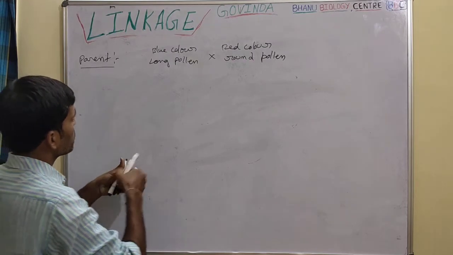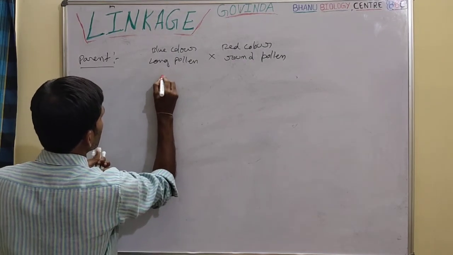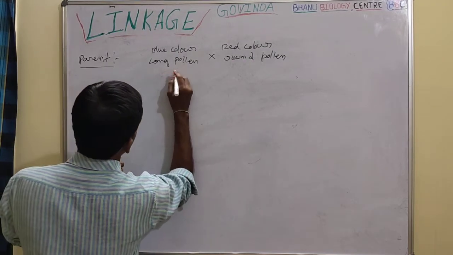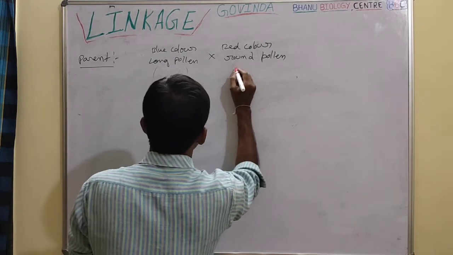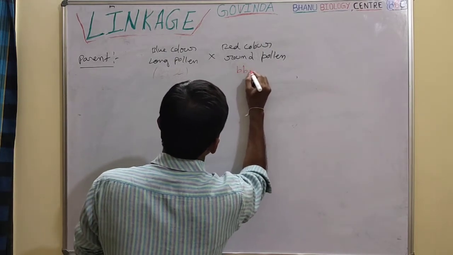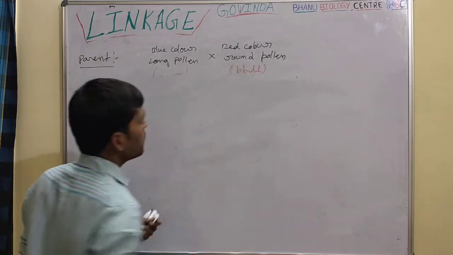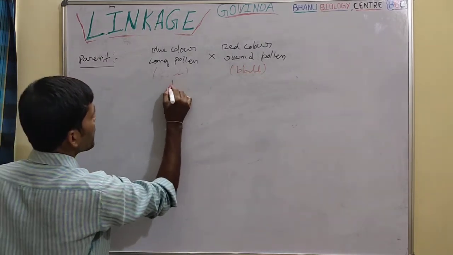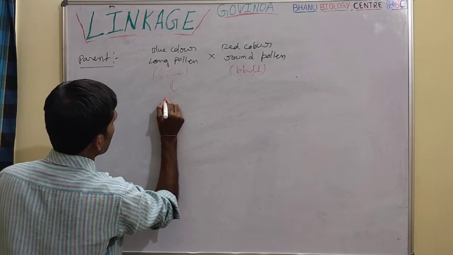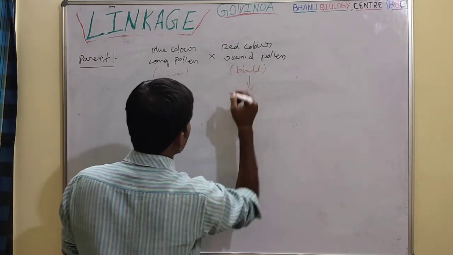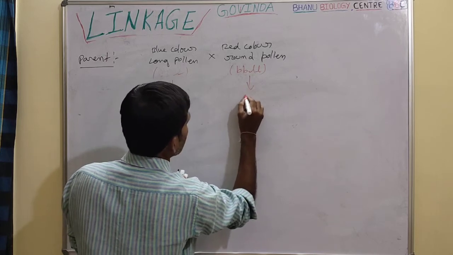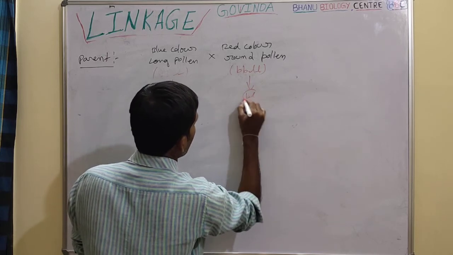The genotype of these plants is like this: capital B, capital B, capital L, capital L. This plant's genotype becomes small b, small b, small l, small l. The gametes produced by the first plant contain capital B, capital L alleles. The gametes produced by the other plant contain small b, small l alleles.